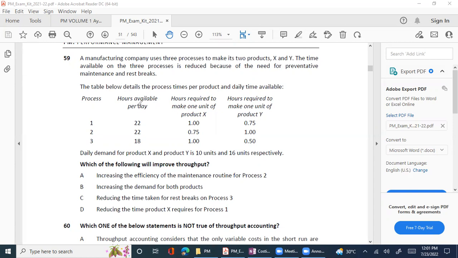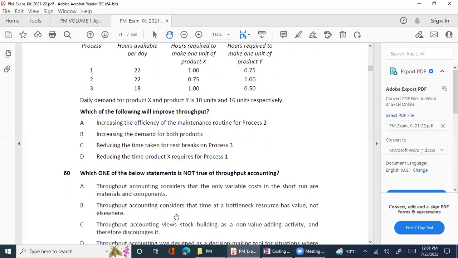Processes 1 to 3, hours available per day, hours required for 1 unit of X and hours required for 1 unit of Y. Daily demand for the products X and Y is 10 units and 16 units respectively. Which of the following will improve the throughput? So you need to read it and think whether it will enhance the throughput or not. So I am leaving it for you.